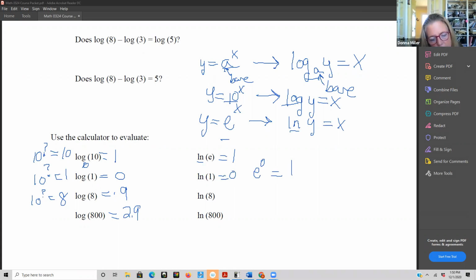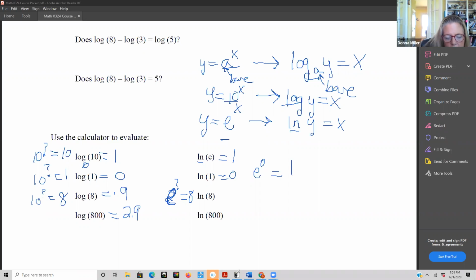All right, so the ln of 8, let's take that. What I'm asking myself here is e to what power equals 8. Let's think about that compared with the other one. 10 to the what power is going to be a lot smaller than 2 to the what power, because I already know that 2 times 2 times 2 is 8. Oh wait a minute, I'm not doing 2. It's e. Since e is about 2.7, I know it's going to be a lot bigger.